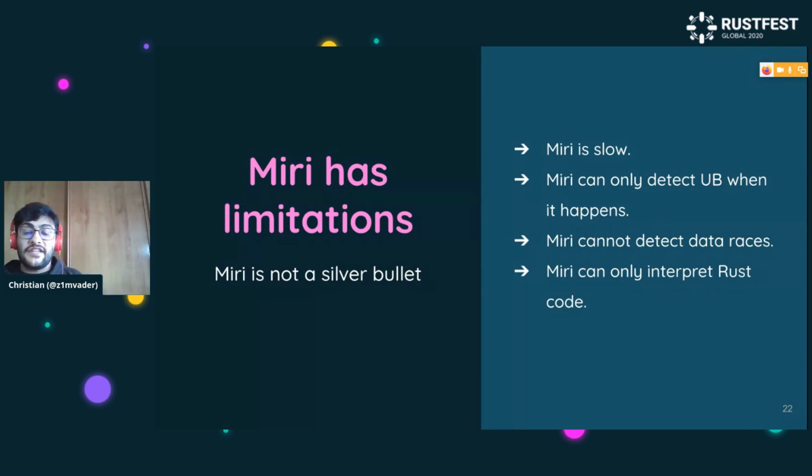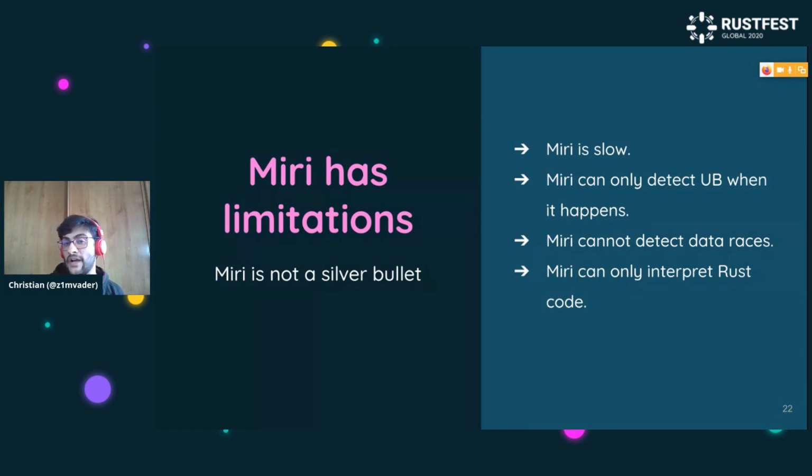Another limitation is that Miri is slow. So if your test or your program is performance sensitive, Miri can take a while to run your program, even if it can do it. This happens because Miri has to do a lot of runtime checks about your pointers and about how memory is managed to be able to tell you when undefined behavior is happening.